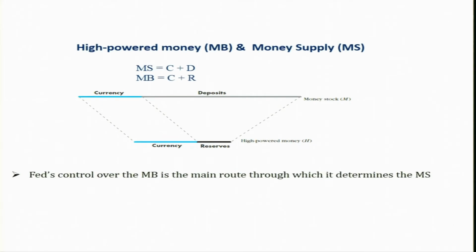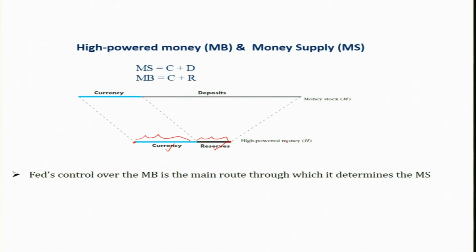So, look at this figure. At any given period of time, in the bottom part, this much is the currency in circulation, and the remaining part is the reserves. Reserves include required reserve and excess reserve, and both together we call high powered money.